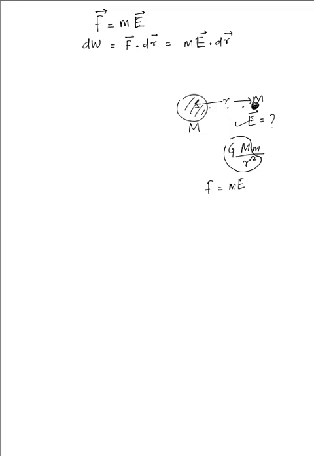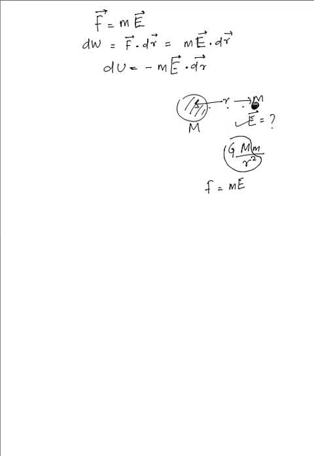Now, as that happens, you are doing some work, and obviously it is a negative work because it is in the opposite sense. So what we have is simply the energy that is stored within it, and that is equal to mE dot dr, because the energy is being stored in the system.